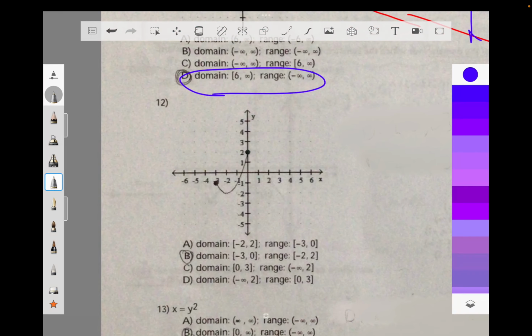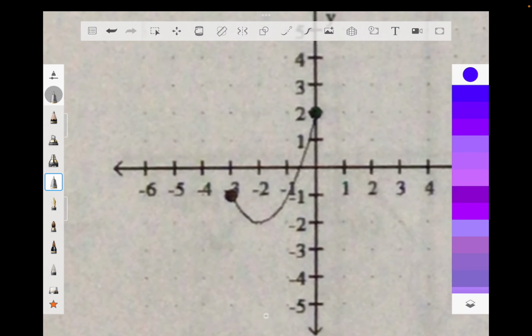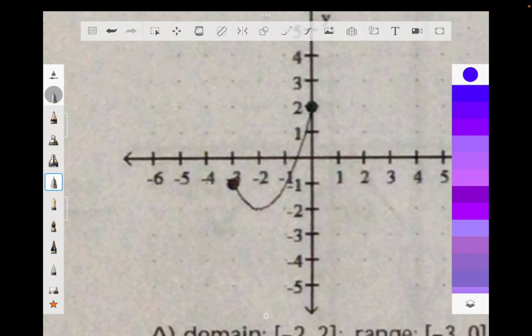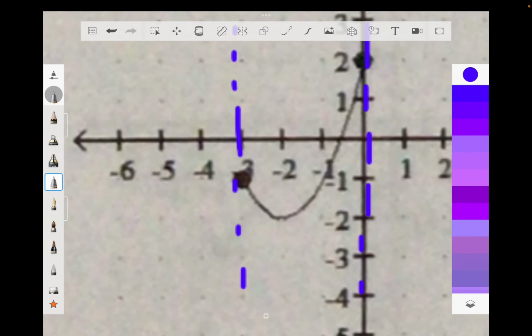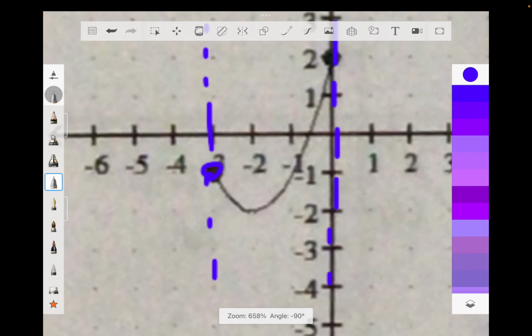Okay, so for domain or range, it matters where the line touches, not necessarily where the dots are, but wherever the line touches. So for our domain, let's start with that one. The farthest point our line touches is this point and this point. And since they're black dots, that means it hits it. If it's a circle, that means it reaches but never touches.